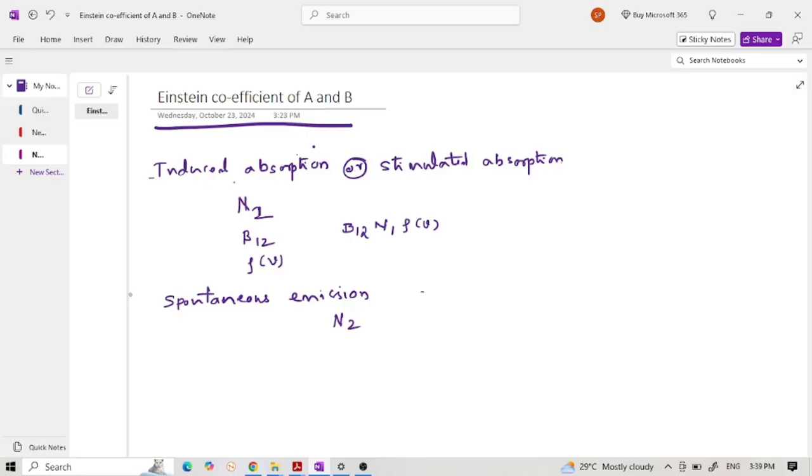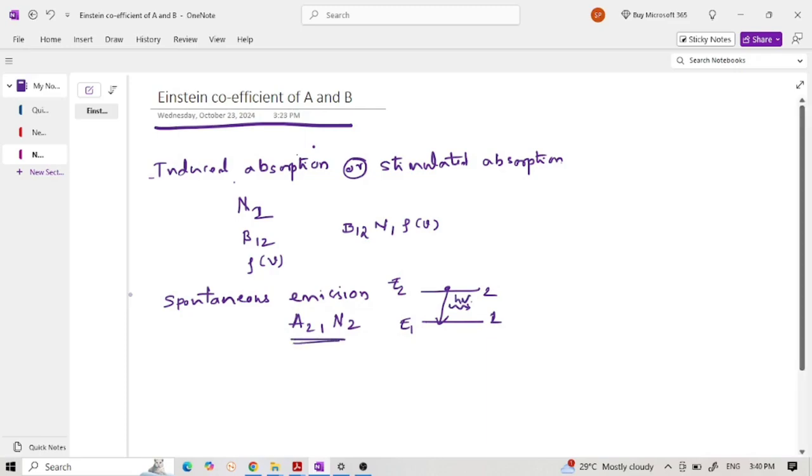Spontaneous emission occurs in the excited state. So from excited state to the ground state, 2 to 1, we have named it as A21, with emission of a photon. So these are the dependent factors of spontaneous emission.